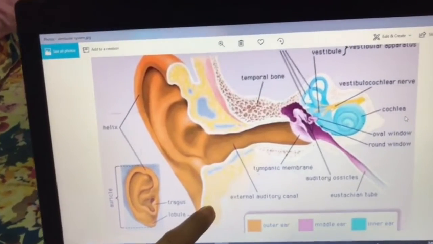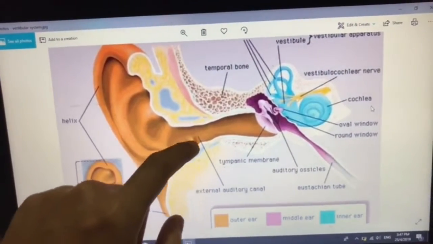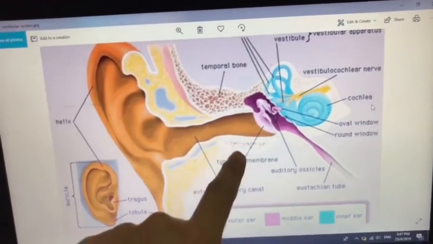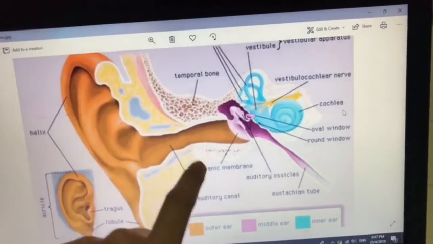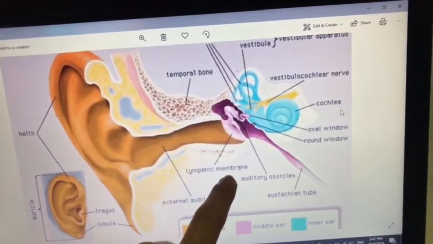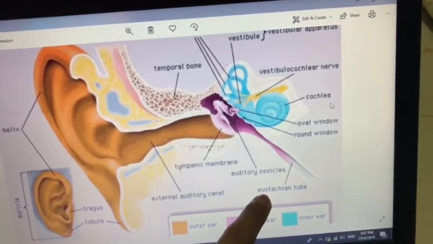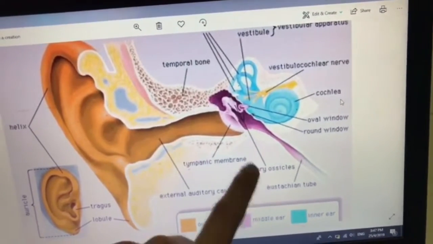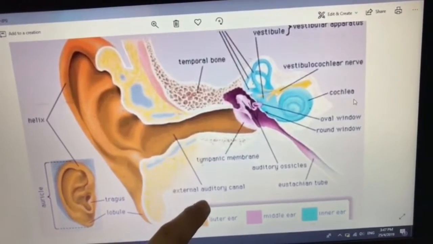Now we go into the deeper segment, the middle ear, the purple one. The purple one has three things inside it: tympanic membrane, auditory ossicles, and Eustachian tube. The outer ear also has the external auditory canal.